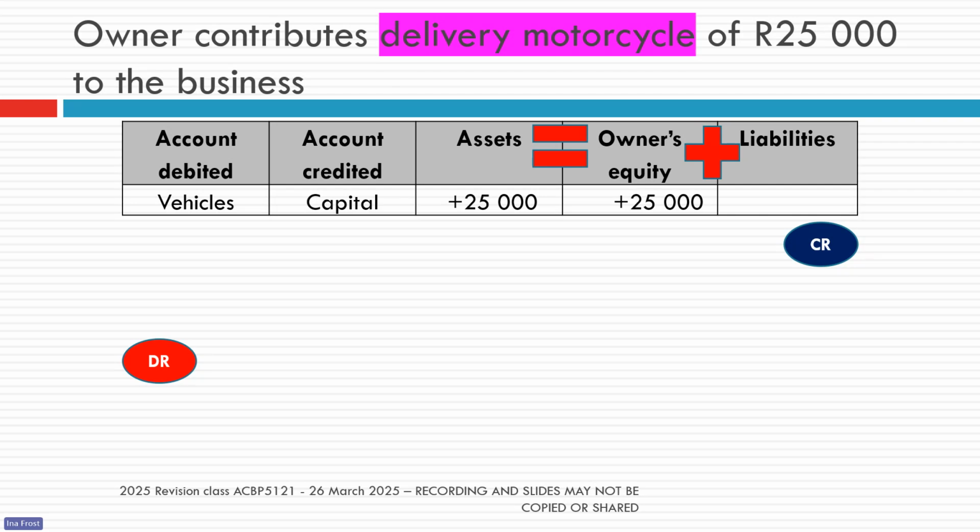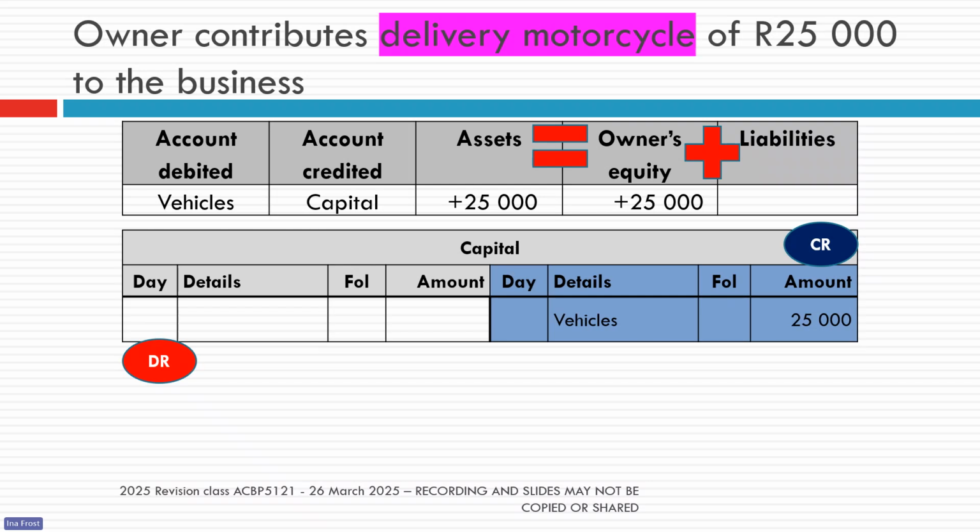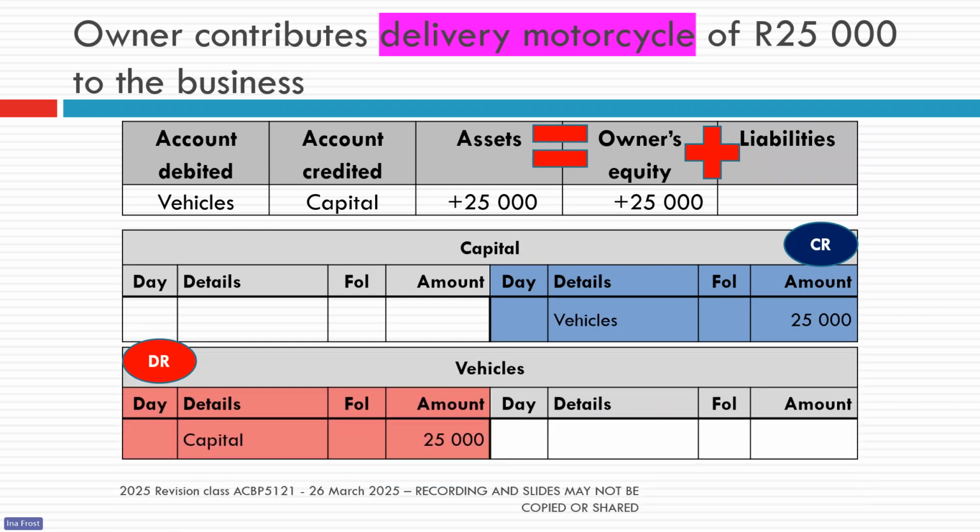But when we now look at account debited and account credited, that's going to be slightly different, because instead of getting cash, we're now getting a vehicle. So we're still going to credit the capital account. That remains the same, the capital increasing on the credit side. But we're going to have a vehicles account this time around increasing on the debit side.